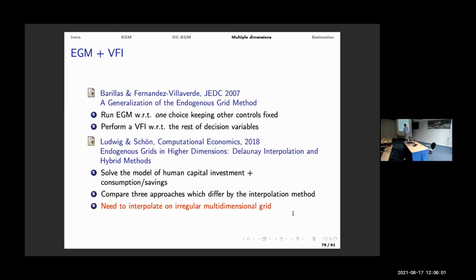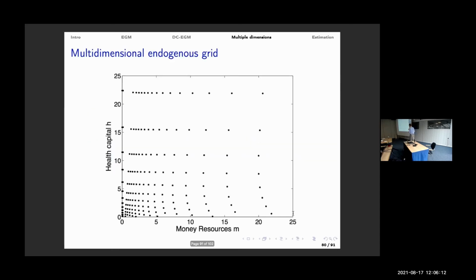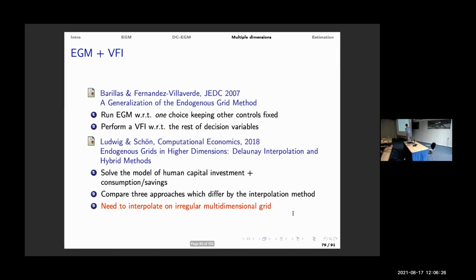That made it possible, really, because converting the solution may be computationally costly. Now, the paper by Ludwig and Schön looks at the problem from a fundamental point of view. What is the difficulty with multidimensional EGM? The difficulty is that you have a grid like that. If you somehow generate an endogenous grid on 2 dimensions, inevitably you have to interpolate on an irregular grid. The standard approach is Delaunay interpolation, which is costly, and you have to do it on every iteration of the backwards induction.